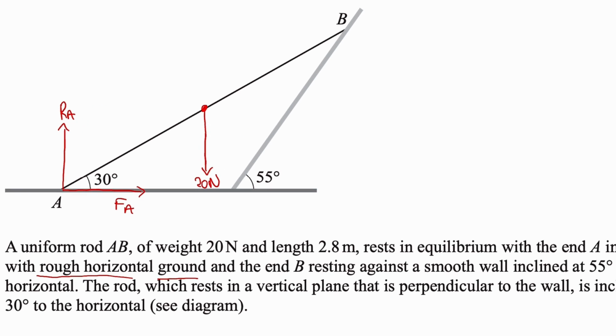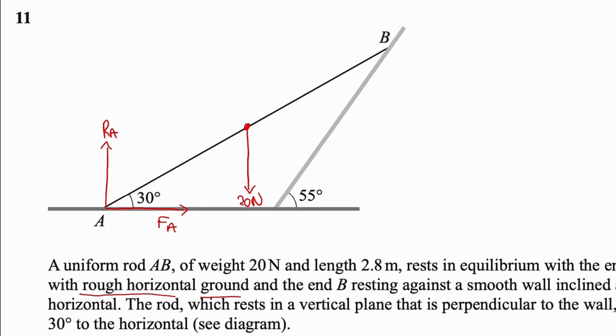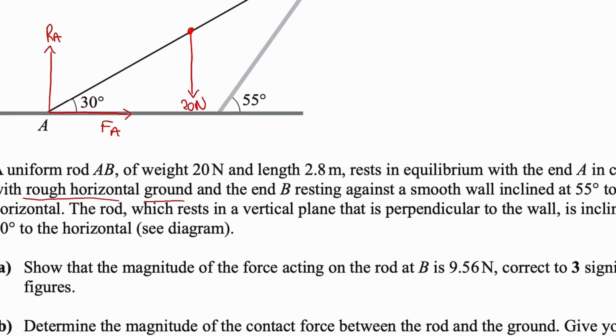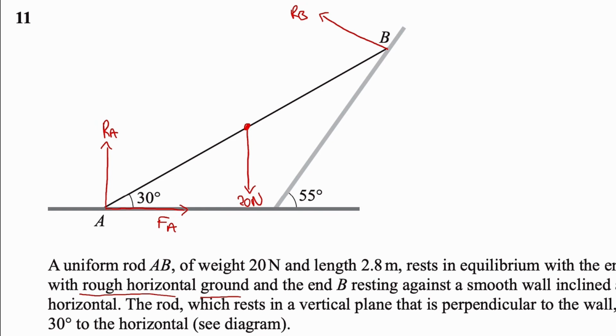And then finally, we are going to have a reaction force at B as well, and this is going to act perpendicular to the wall it's resting on. So we want to work out the magnitude of the contact force, so that's this RB here.